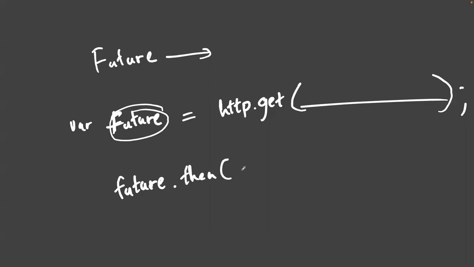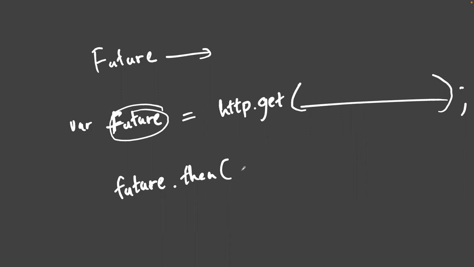And whatever the output we get from that future, if that future is returning something, we can get that output, right? Because we are calling a function, so if that function returns something, we can get that value, right?